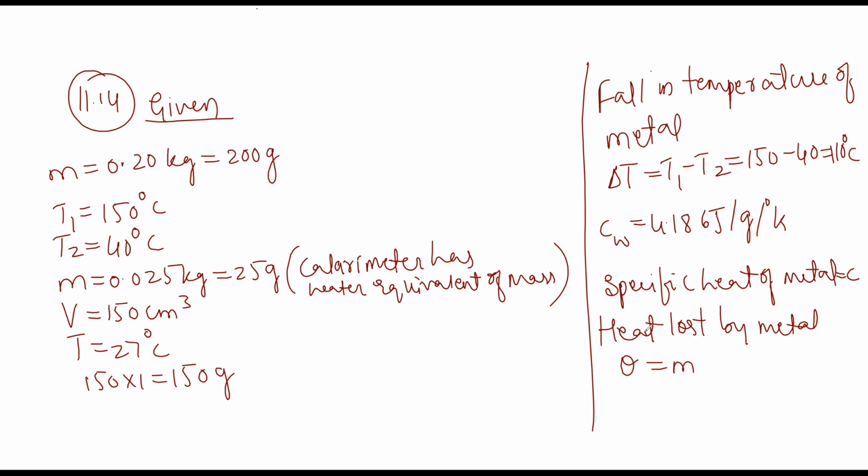Next, the heat loss by the metal is given by the formula theta is equal to m into specific heat into change in temperature.